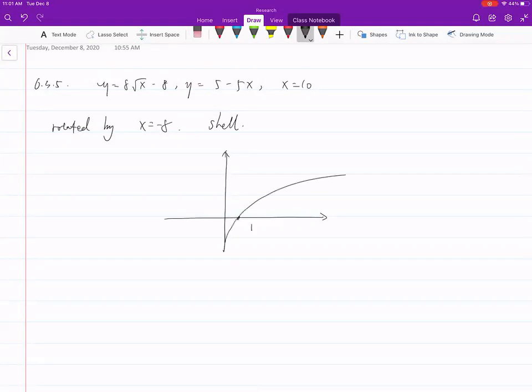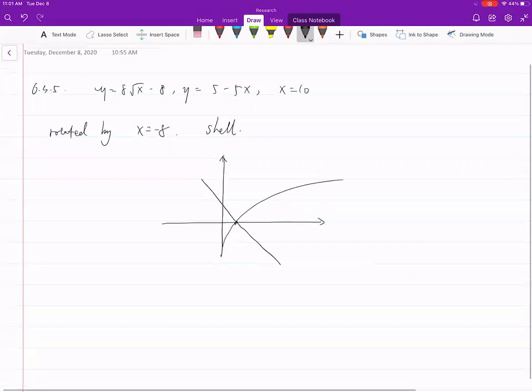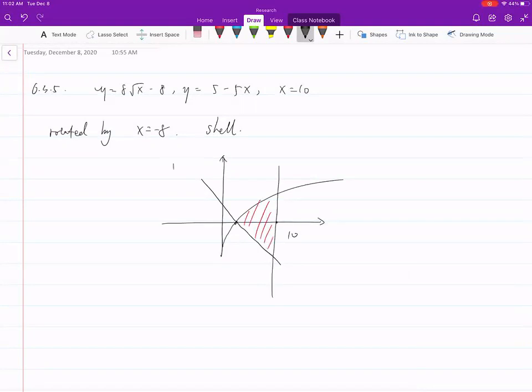Okay, y equals 5 minus 5x. I plug in 1, I should get 0. So it's something like this. X equals 10. This region rotated by this.